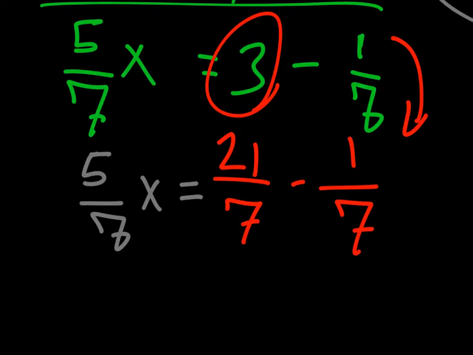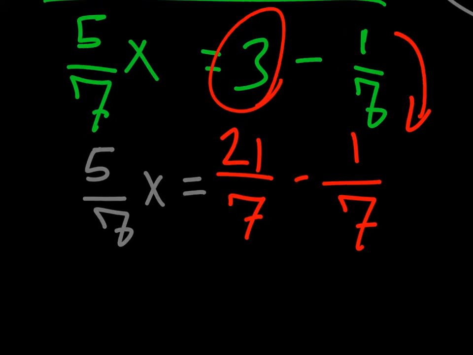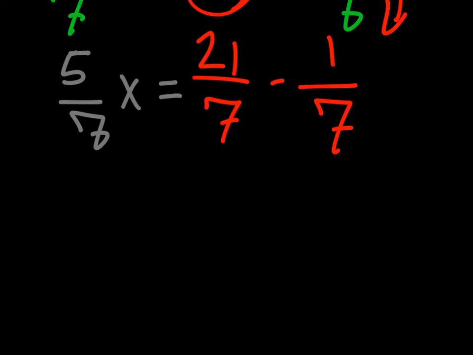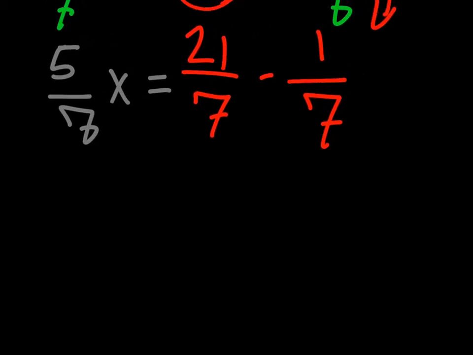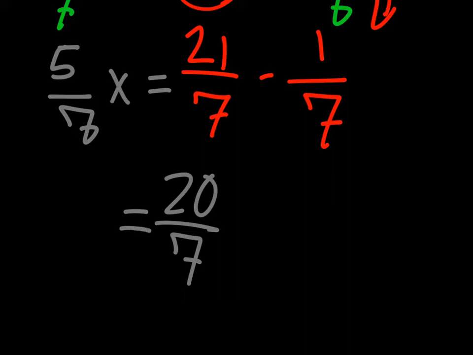Now, there are 2 ways that I'll show you to solve it. One is the regular way, and the other is for when you just recognize it like that, okay? So we have 5 over 7x. This is the regular way. 21 over 7 minus 1 over 7 becomes 20 over 7 equals 5 over 7x.